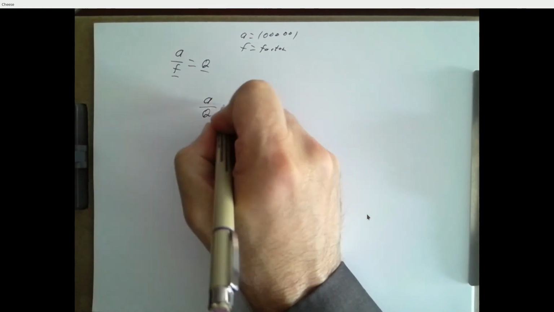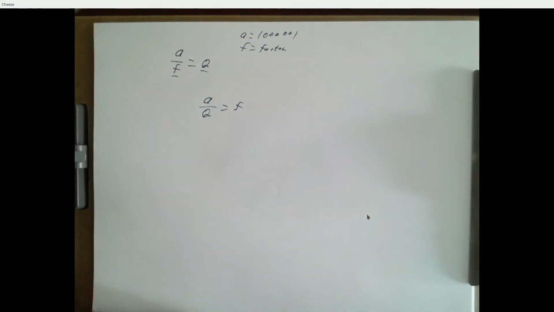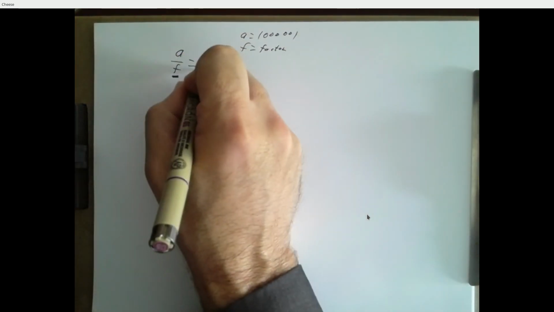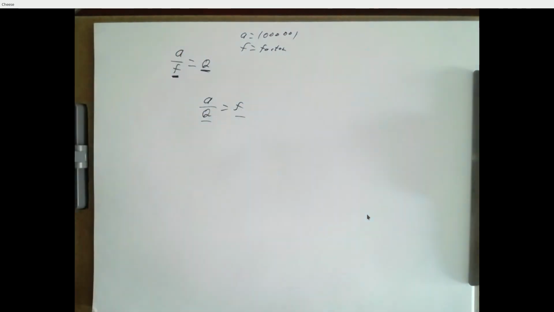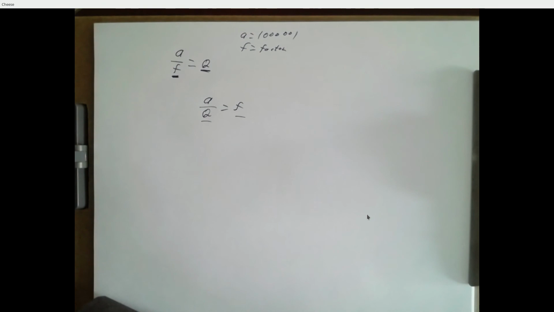A divided by Q will also be equal to F. All right, so 91 is divisible by 7, you get 13. It's divisible by 13, you get 7. So if we test to see if it's divisible by the smaller of these, we don't have to test the larger of them, right?